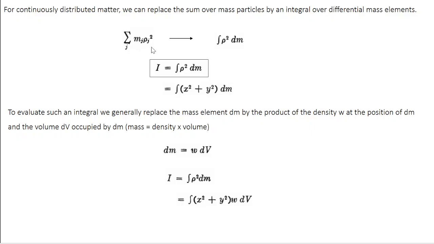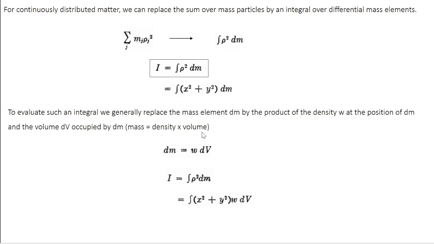So summation over j mj rho j square can be written as integral rho square dm, where dm is a mass element. So in terms of the integral equation, the expression for moment of inertia becomes integral rho square dm. Rho is nothing but the square root of x square plus y square. So moment of inertia I equal to integral x square plus y square dm.